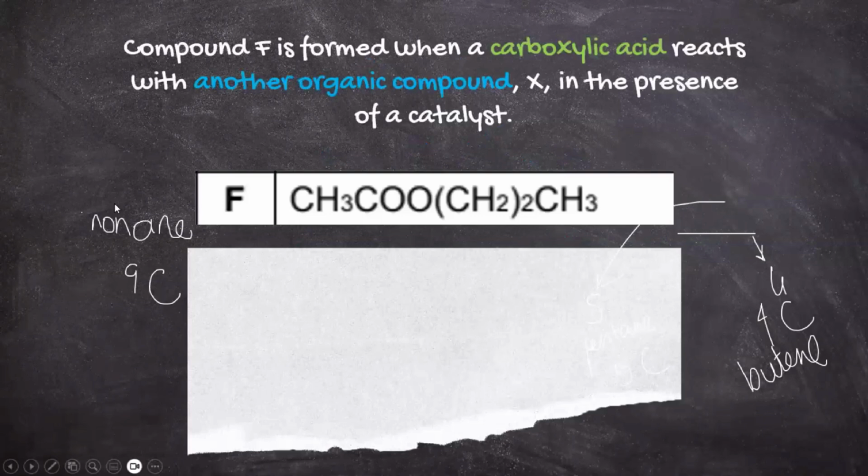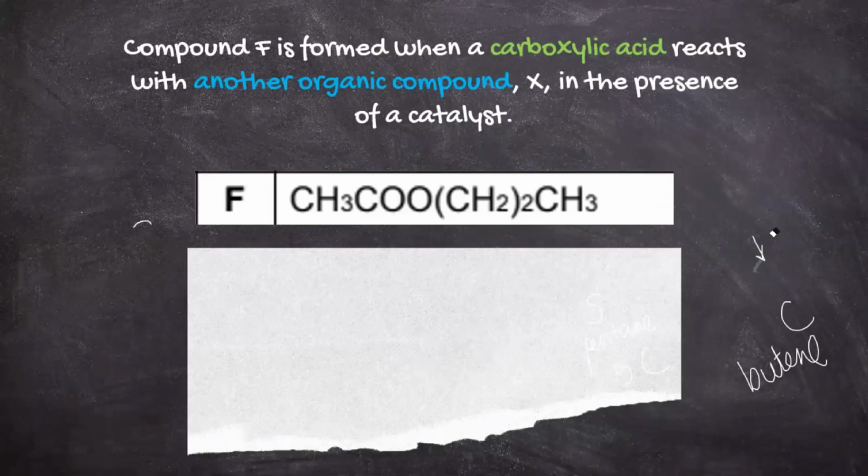So, let me just erase all my scribblings. Right. Compound F, they tell you, is formed when a carboxylic acid reacts with another organic compound, mystery compound X, in the presence of a catalyst.